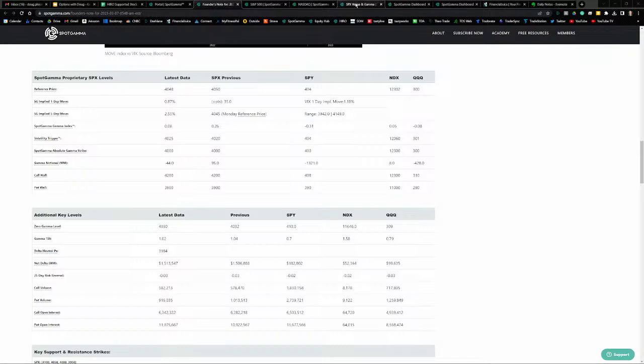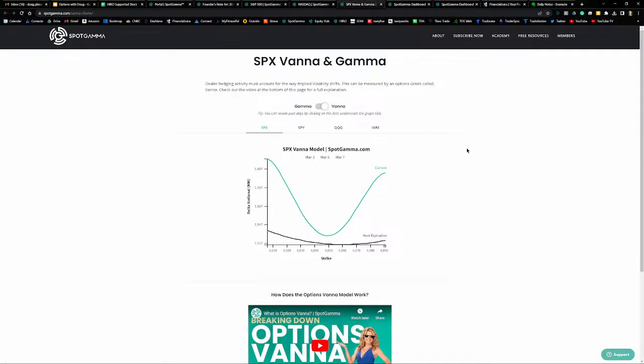And the Vanna charts are a graphical illustration of that. What this is showing is market makers' delta notional, delta exposure, and how that changes. That's the vertical axis, and how that changes with price, that's shown on the horizontal axis. Then how that also changes with changes in implied volatility is shown by this green curve here.